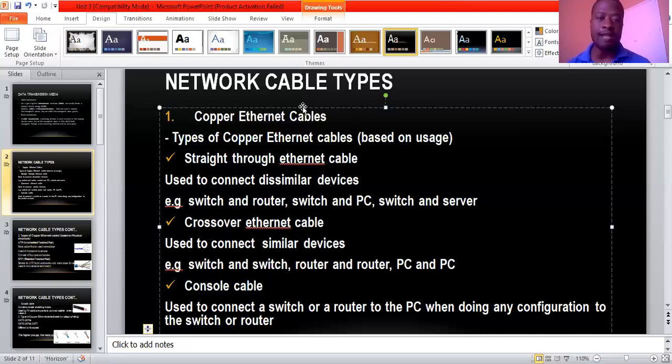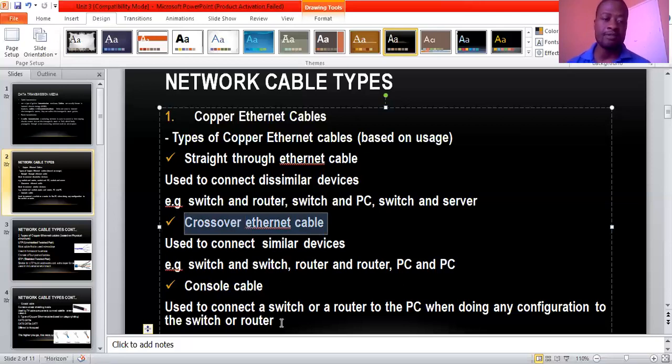So these are the three types of copper cables based on the usage. We have the straight-through cables that are used to connect dissimilar devices. We have the crossover Ethernet cables that are used to connect similar devices, okay?